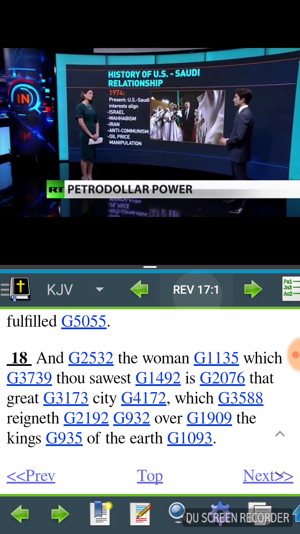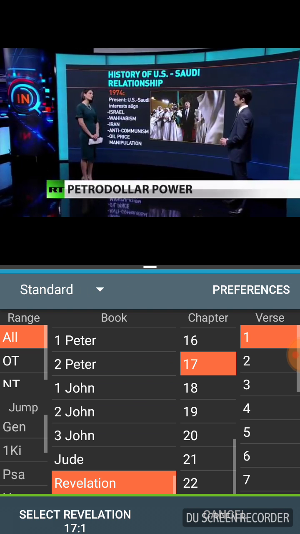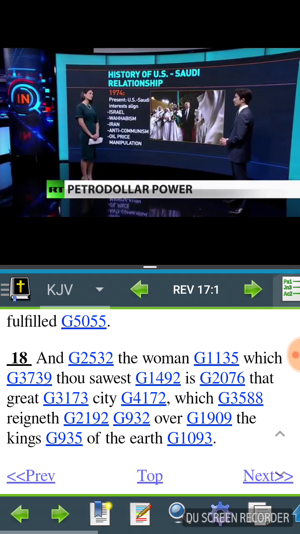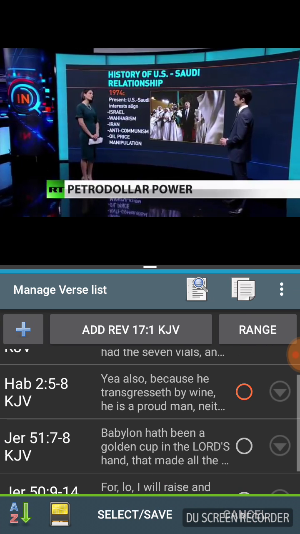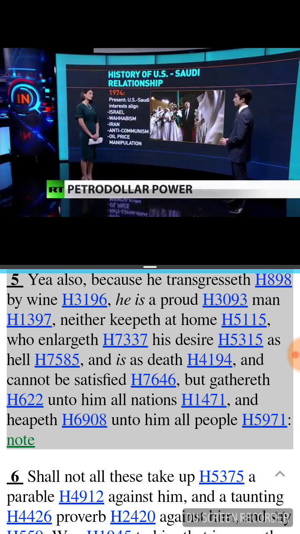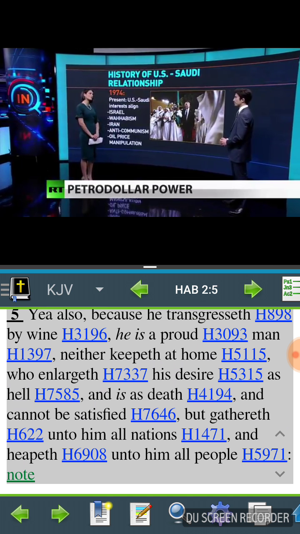All right? Now what I want to do is I want to go through some of these other scriptures I got. This is Habakkuk chapter 2, verse 5. All right, so all this stuff right here is in prophecy, man. America's doing their deeds. All right, America, Israel, okay, because Israel, they have their intelligence agency, which is the Mossad, their version of the CIA, okay, and they're doing a lot of crooked behind-the-doors stuff, man.